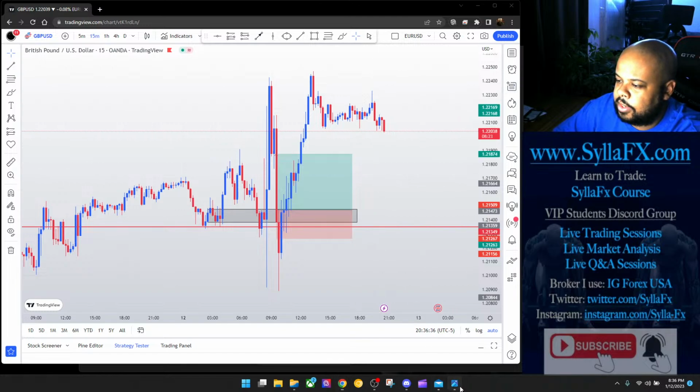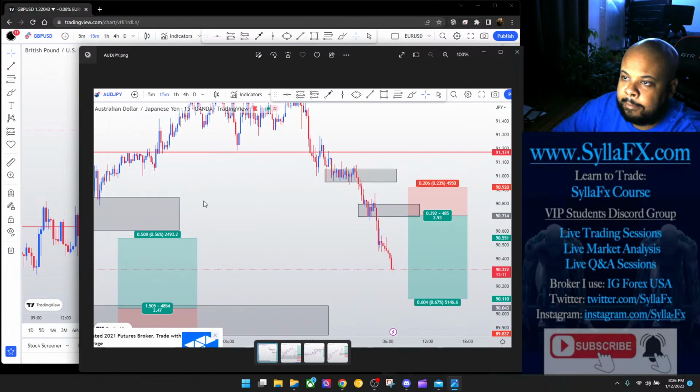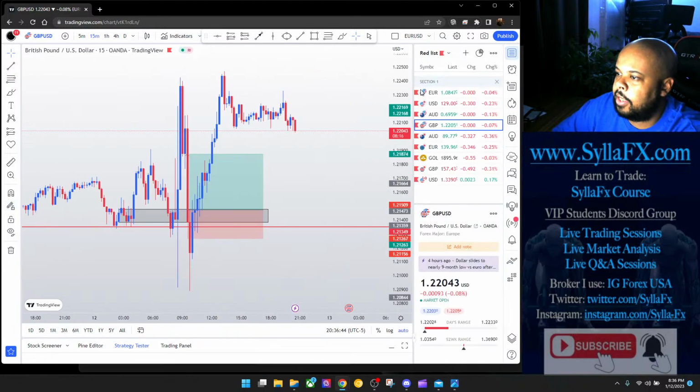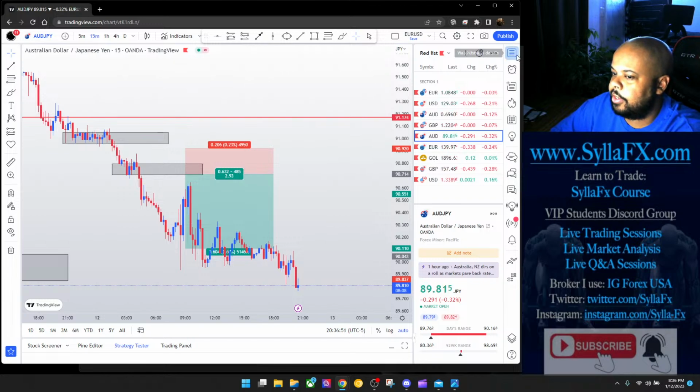And the last one I guess we can touch on, which I'm sure is probably the same scenario, was the Aussie yen. So let's jump over to that one and see what happened. Not very much action on this one actually.